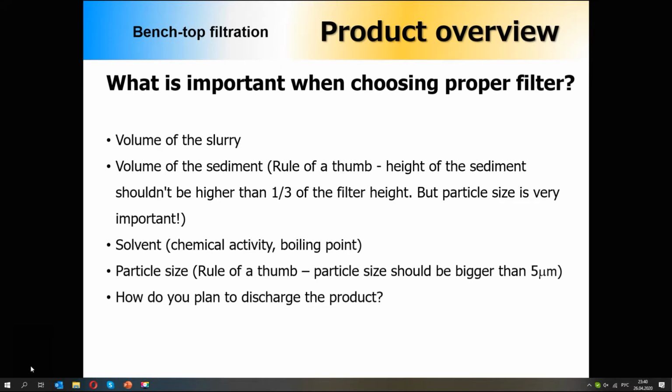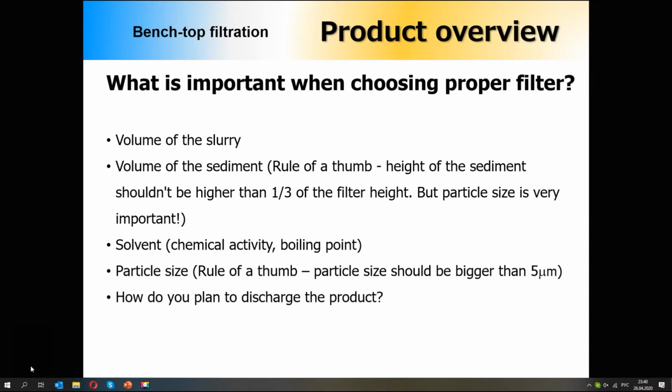Again, the rule of thumb is that the particle size for this type of filtration should be bigger than 5 microns. In this case, you will be able to choose a proper filter relatively easily. When we're talking about a particle size in the range of 1 micron to 5 microns, there are some questions.